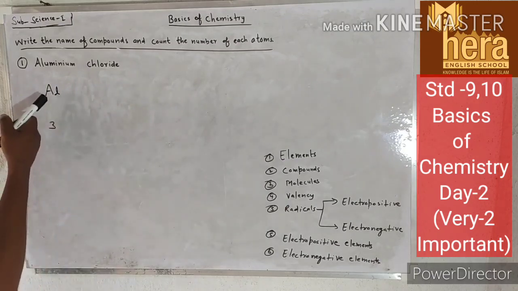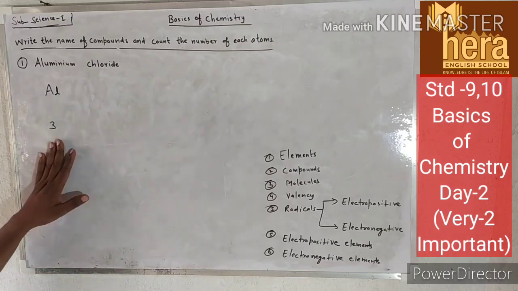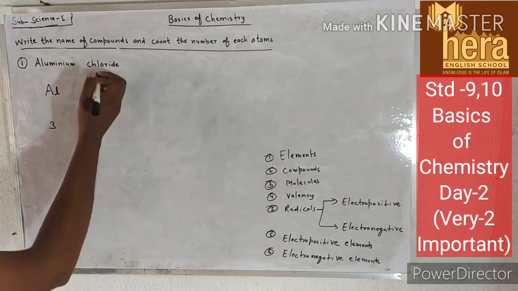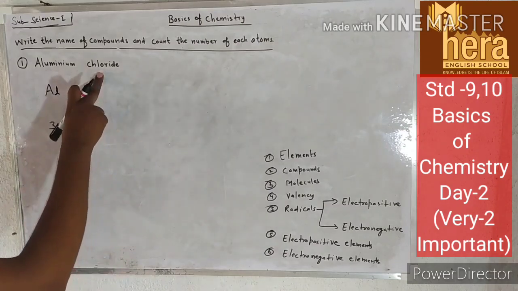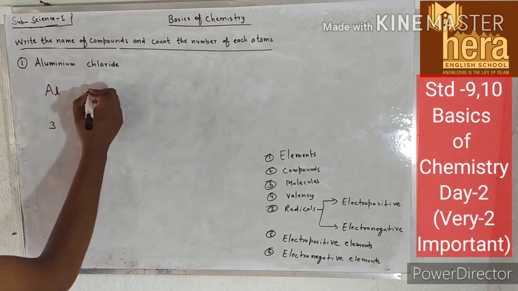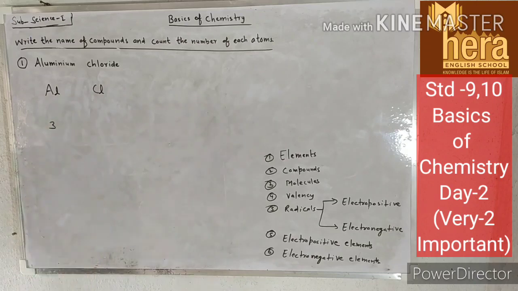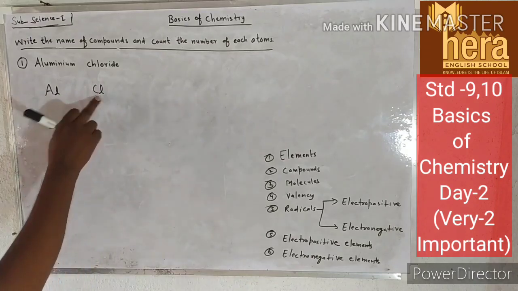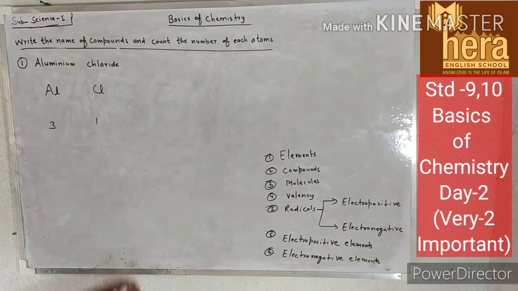The valency of aluminium is 3, in table number 3 you can see. Chloride you have to find in table number 4. Symbol Cl, capital C, small l. Valency is 1.